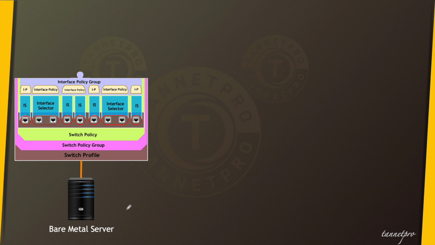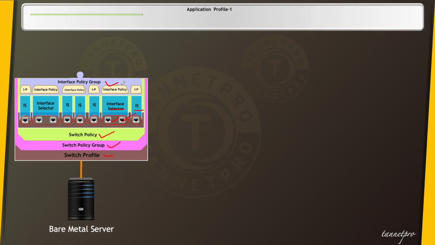For bare metal, if you want to connect bare metal, this is also a block diagram through which you can understand. Here is the interface selector, which will help you select the exact interfaces, where we'll create the switch policy group and switch profile, configure the switch interface policy, and merge the AAP to the switch policy, right?